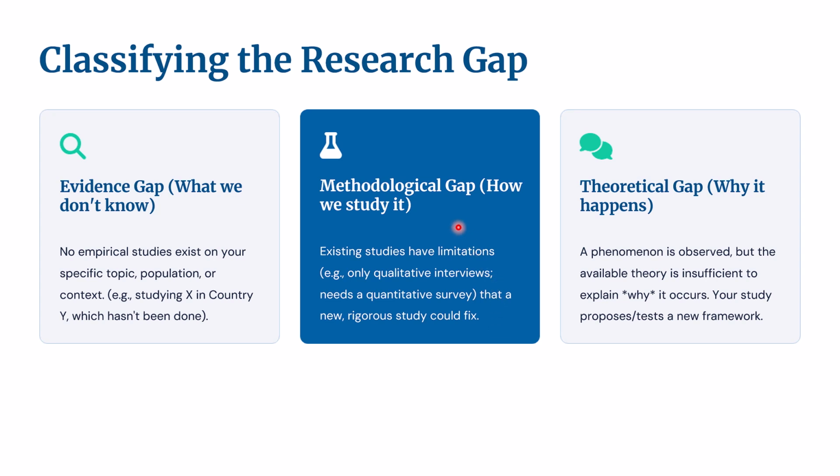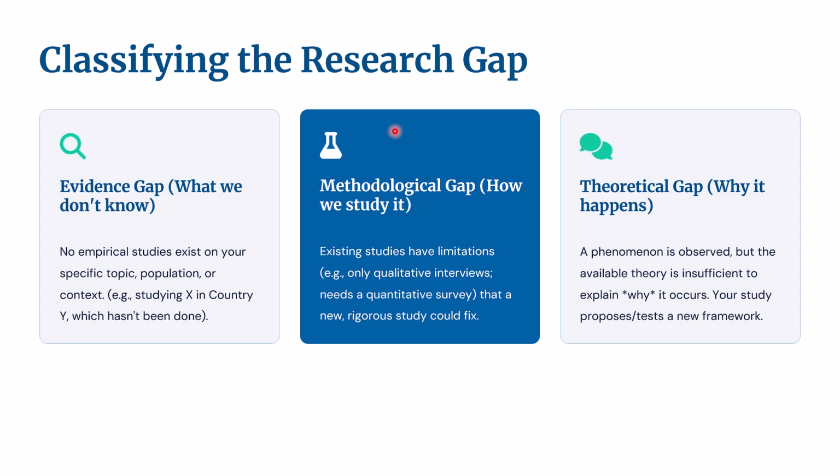Also, methodological gap is when you are reading experimental studies, maybe a new vaccine has some kind of limitation, and now you want to invent your own vaccine. That is a methodological gap.